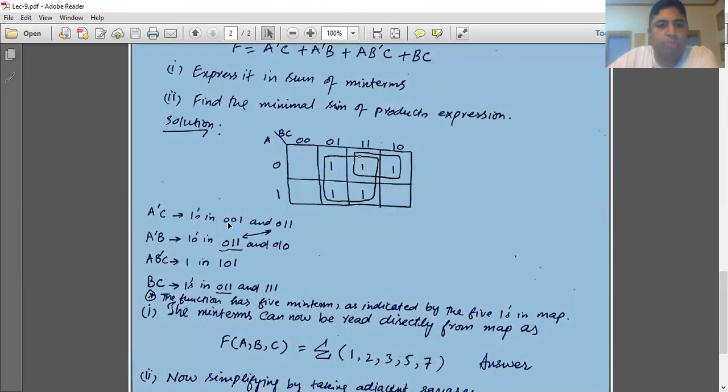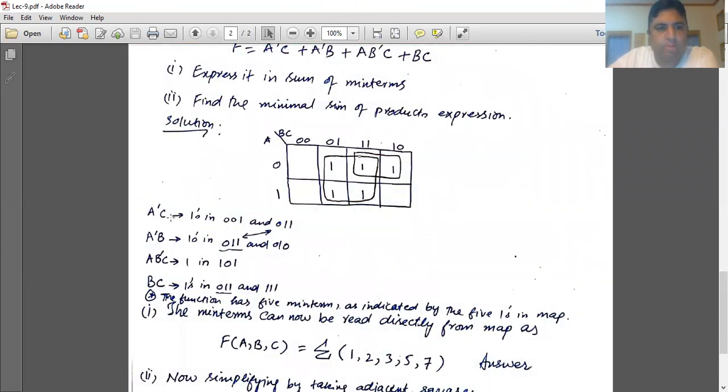So we will put 1s in both combinations, meaning a should be 0, c should be 1, and b can be either 0 or 1. So we will put 0 0 1 and 0 1 1. In this case a is 0 and c is 1, and in between there is b.